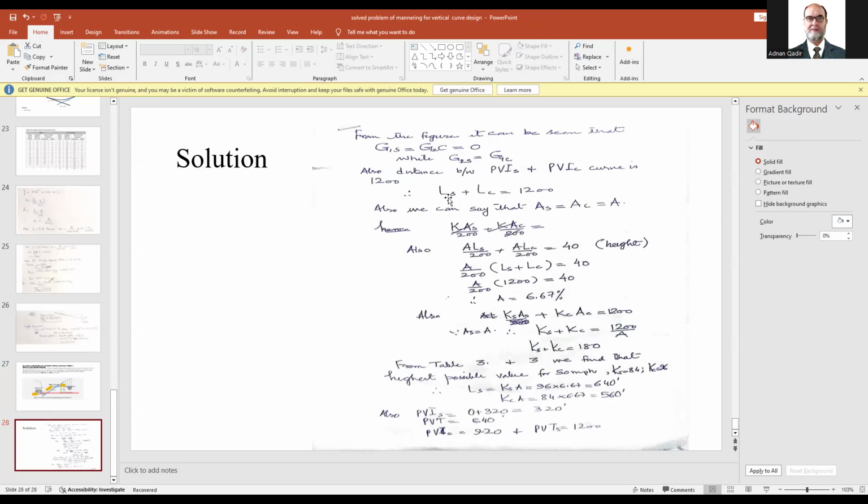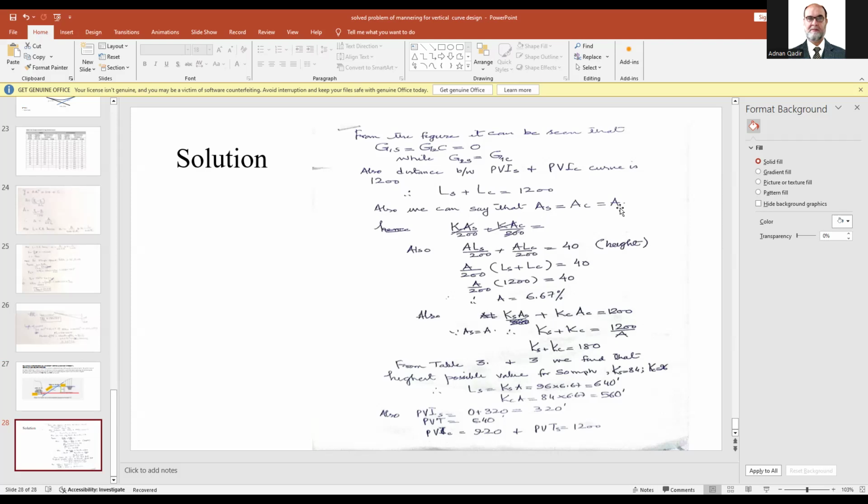So the length of the sag and the length of the crest curve cannot be more than 1200. We can also see that since one of the grades on both sides is 0, the algebraic difference for the sag vertical curve and the crest vertical curve will be the same, and we can call this A.